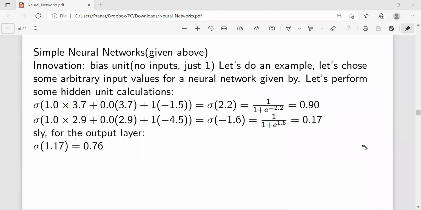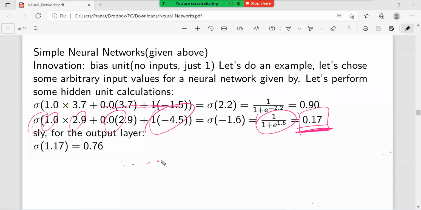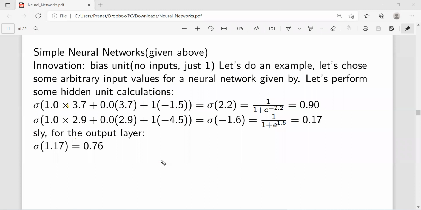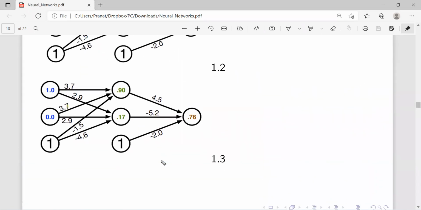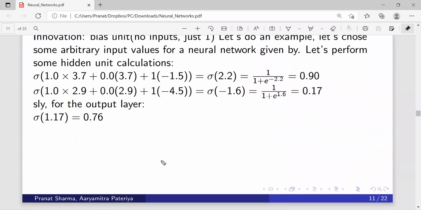We take it as an input for a nonlinear function. Here we have chosen it to be sigmoid. We calculate that, we get a number for the hidden layer neuron, and hence we follow this chain, and we see that the final output of this is 0.76. The output is 0.76.